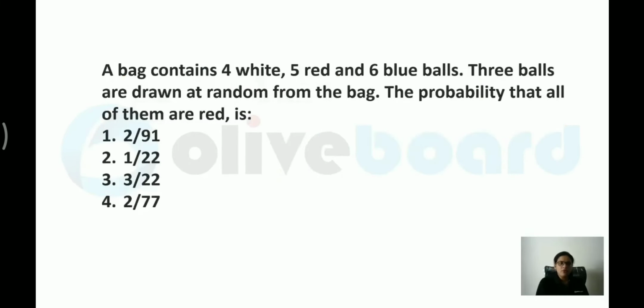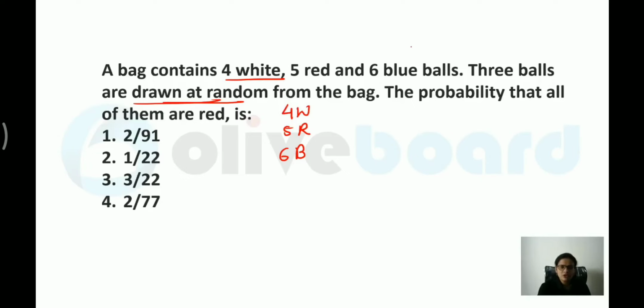Now, let me move on to the question which you have to do using the combination concept. A bag contains 4 white balls, 5 red balls and 6 blue balls. Three balls are drawn at random from the bag. I have told you, in case of combination, whenever you are choosing or selecting something, you have to use combination.